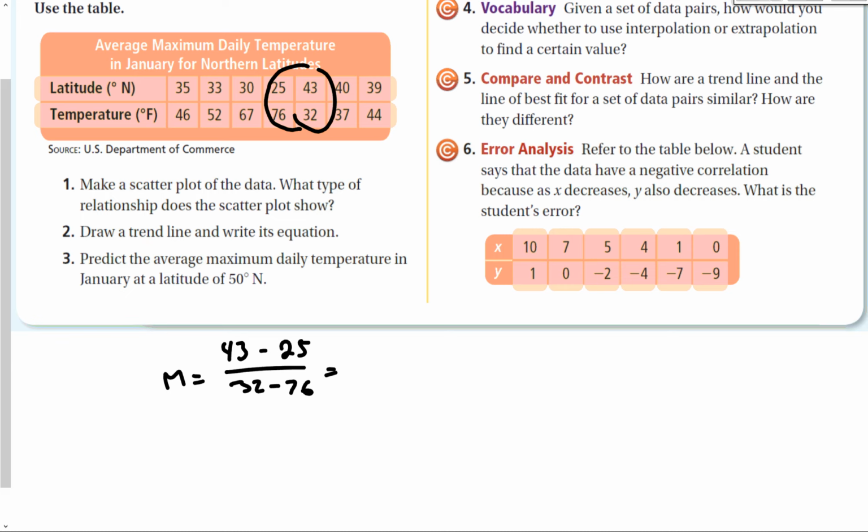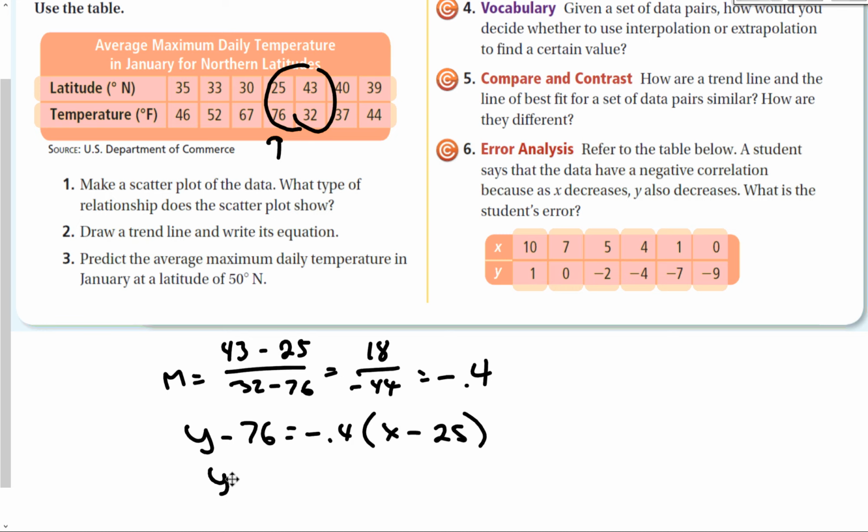So 43 minus 25 gives me 18. 32 minus 76 gives me negative 44. So 18 divided by negative 44 gives me about negative 0.4. Okay, so y minus, let's use the 25. y minus y1 is equal to negative 0.4 times x minus 25.